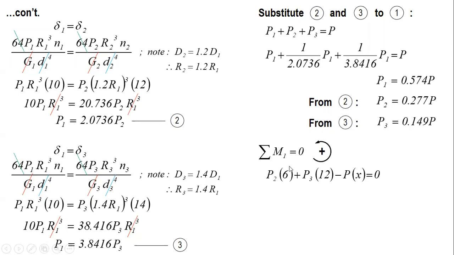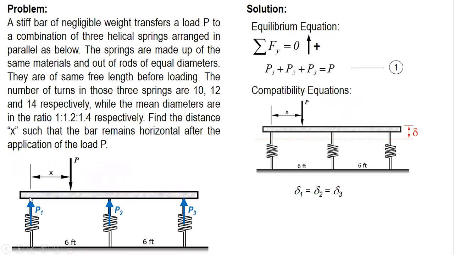So summation of moment about 1, P2 counterclockwise, so positive, force times distance, plus P3 counterclockwise, so P3 times distance 12. And then the moment of P is clockwise, so P times x.